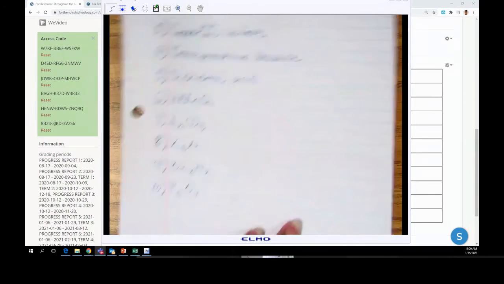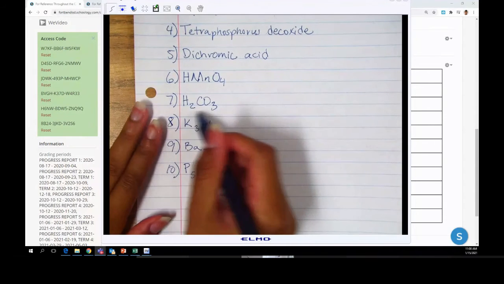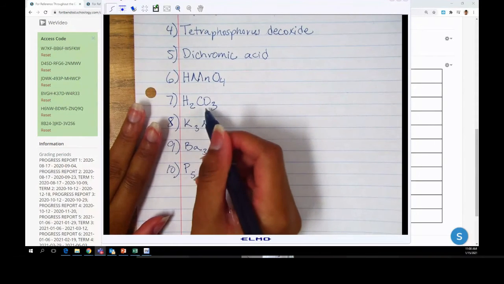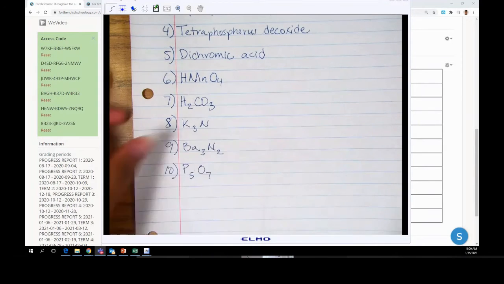Let's see. Our next one up is H2CO3. All right, we're looking at another acid because we've got that H in the front.